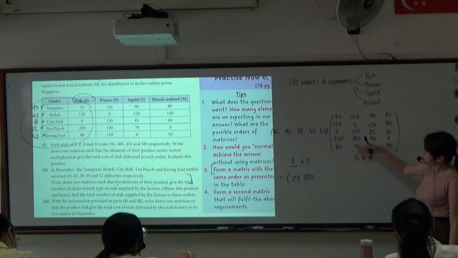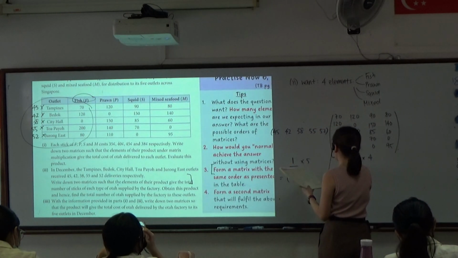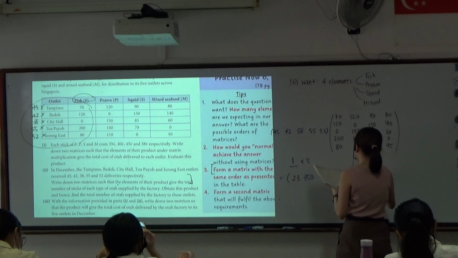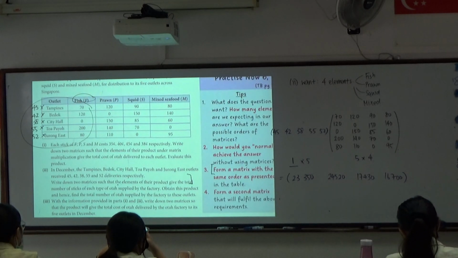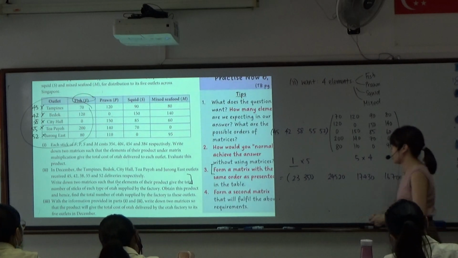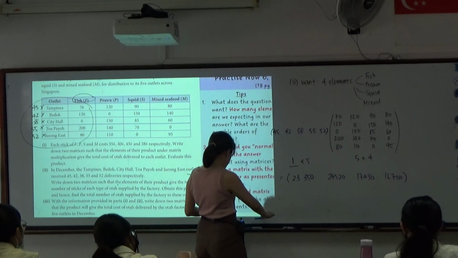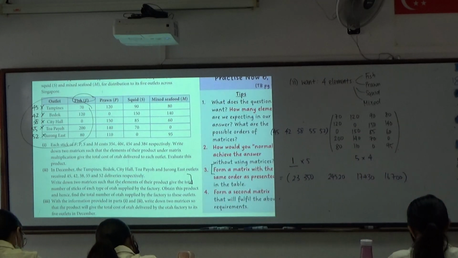Doing the same form of multiplication, I will get 24520. And then now I will have the 4 different elements that I need. They are the fish, prawn, squid, and mix respectively.